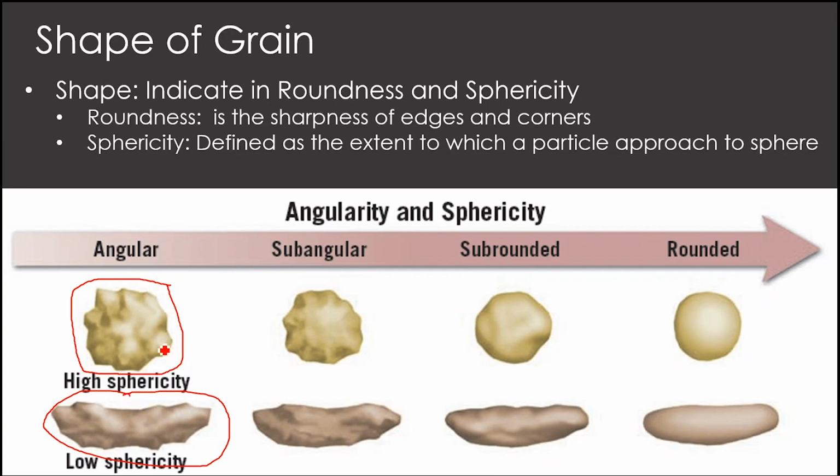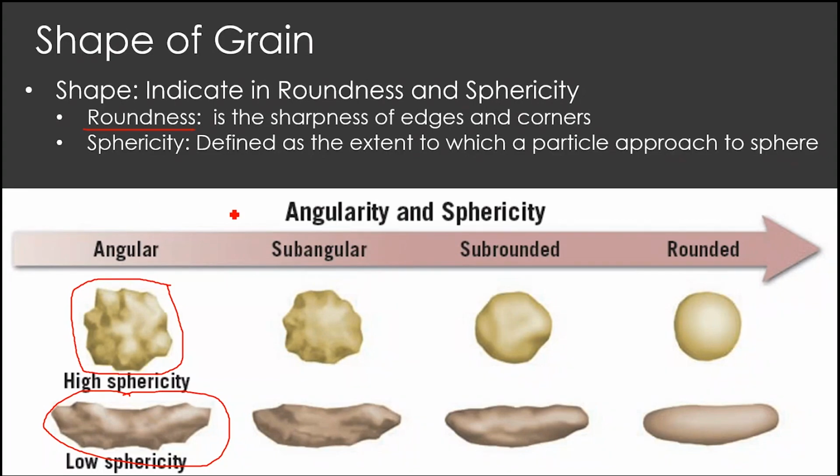What is different? The sphericity is different. What does sphericity mean? The thing which is different here is the roundness. Roundness is the factor which indicates how similar a particular grain is to a sphere.